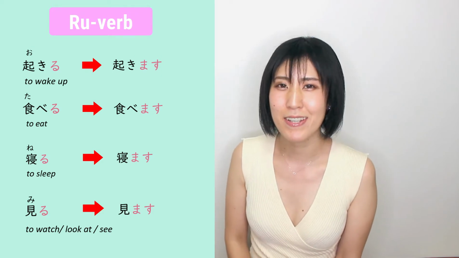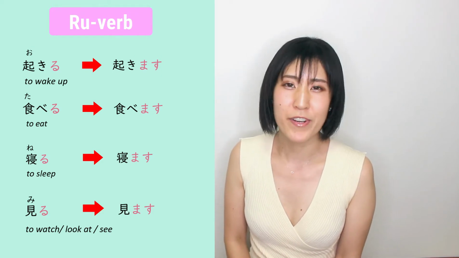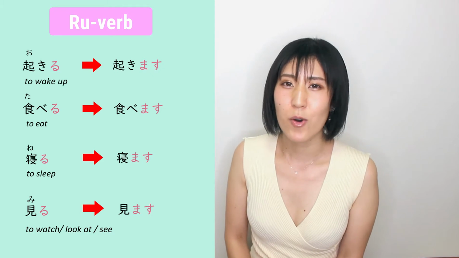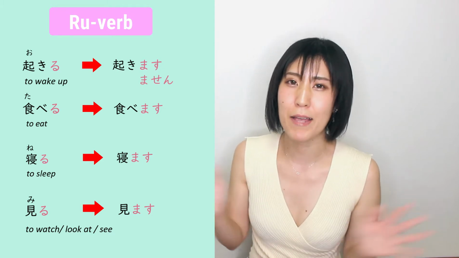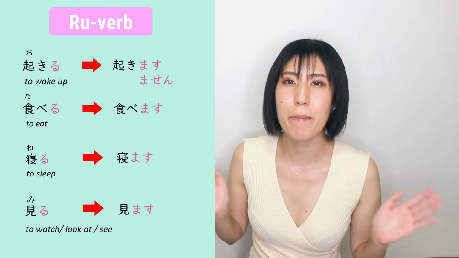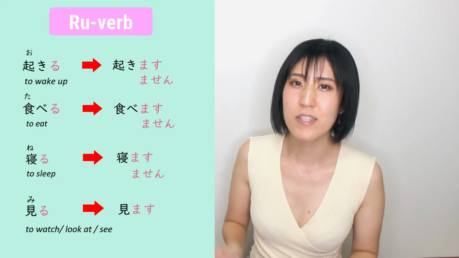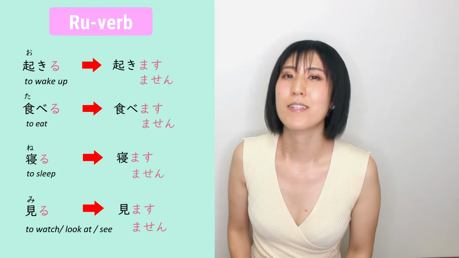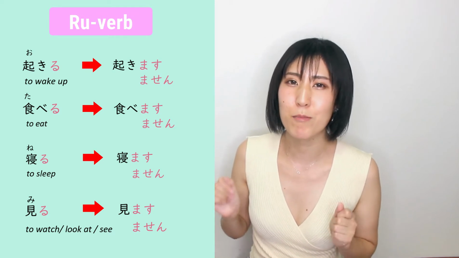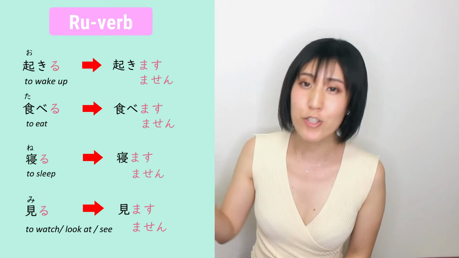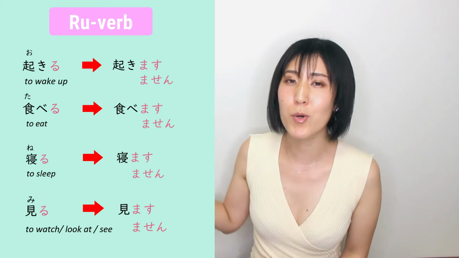Like this. Negative is very easy. 起きます, 起きません. 食べます, 食べません. 寝ます, 寝ません. 見ます, 見ません. So ru verbs are the most simple ones. You can just drop ru and add masu or masen.